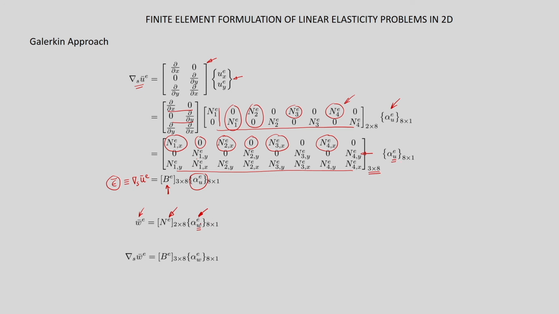So, alpha W is different from alpha U, and in fact alpha W is arbitrary because W has to be arbitrary except that it has to vanish on the Dirichlet boundary. So, that arbitrariness is carried forward by the alpha W, alright.